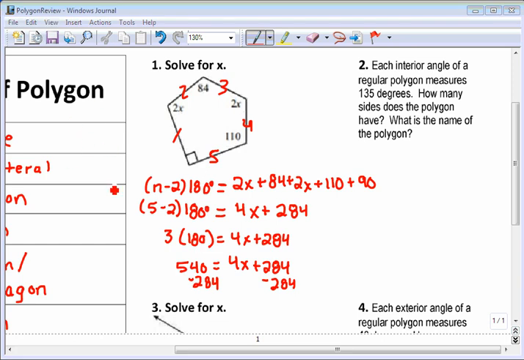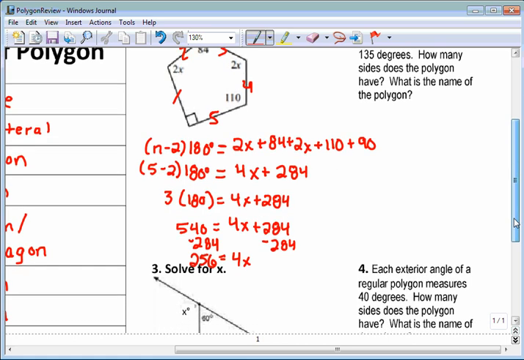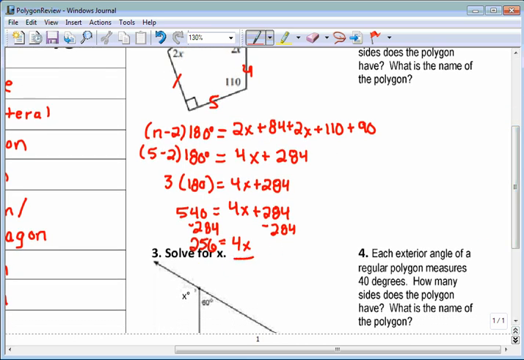So we get 256 degrees is equal to 4x. Now I need to divide both sides of this equation by 4. And ultimately, I determine that x is equal to 64 degrees. My x is equal to 64 degrees here.